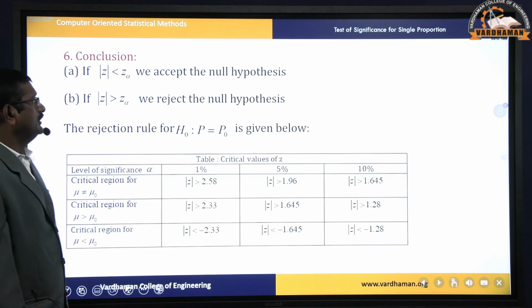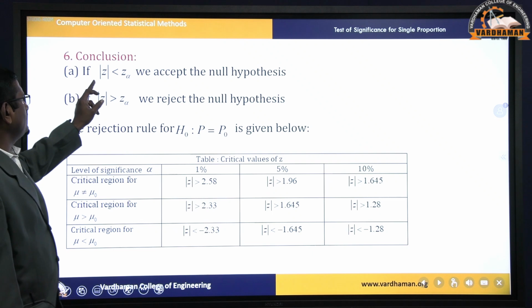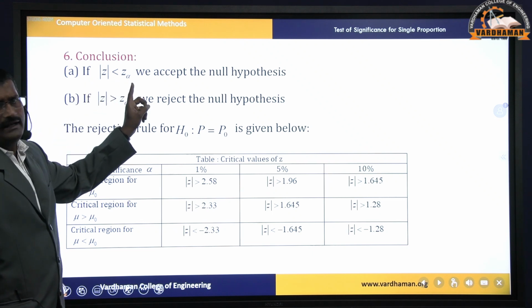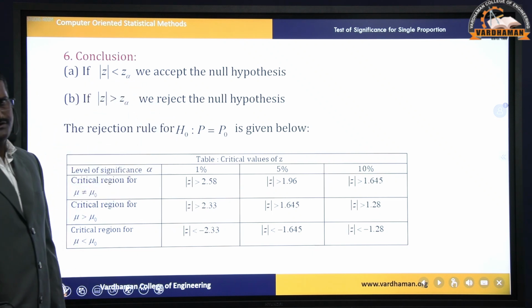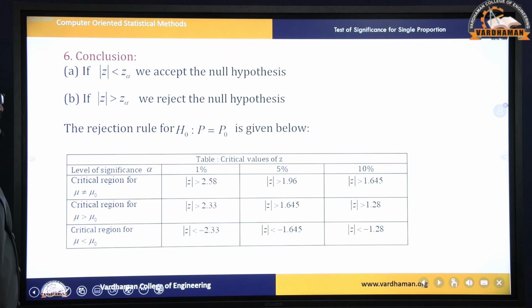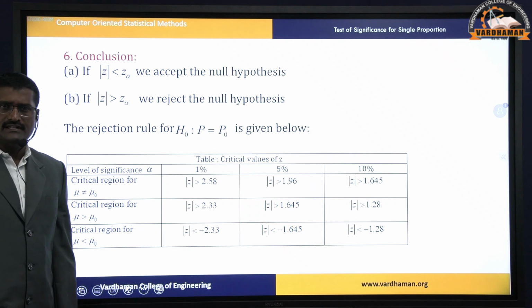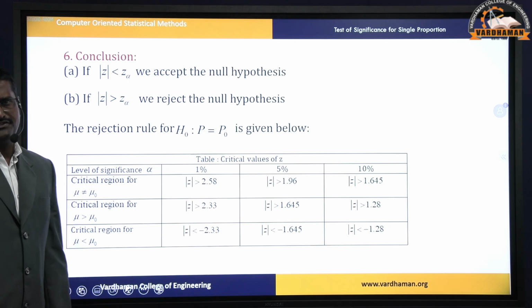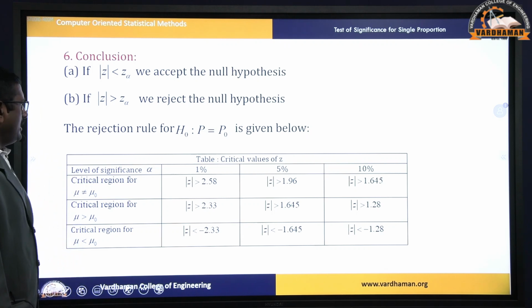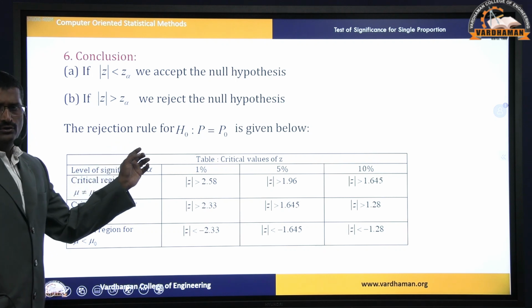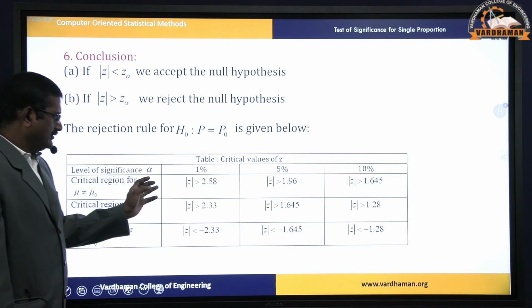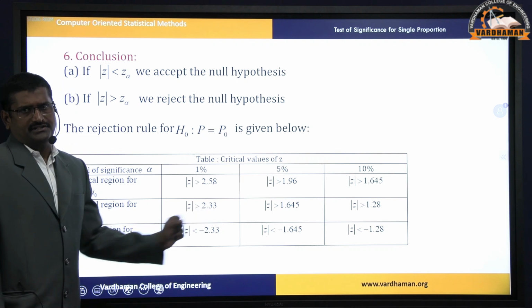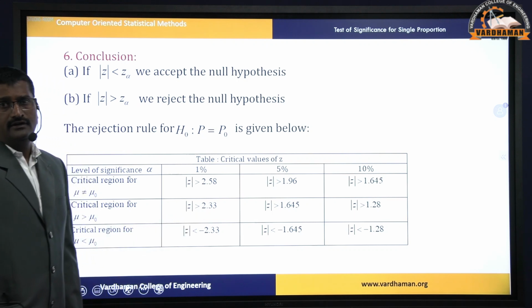Conclusion: whenever the Z calculated value is less than the Z table value, we accept the null hypothesis. And when the Z calculated value is greater than the Z table value, we reject the null hypothesis. Even if the Z calculated value is less than or equal to the Z table value, we accept the null hypothesis. As per the rejection rule, these are the values where we have to reject it, as we discussed in the previous video also.